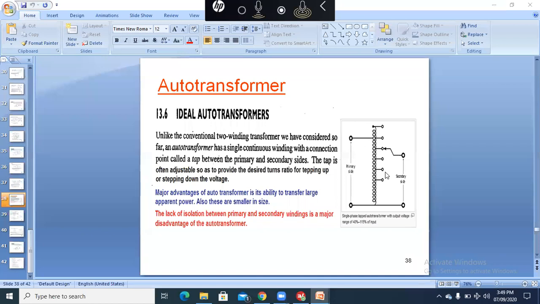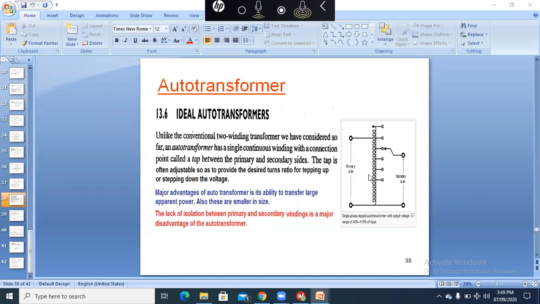So this is called voltage regulation. And usually in our homes, we have the voltage stabilizer, which gives us voltage protection in case of high voltage.